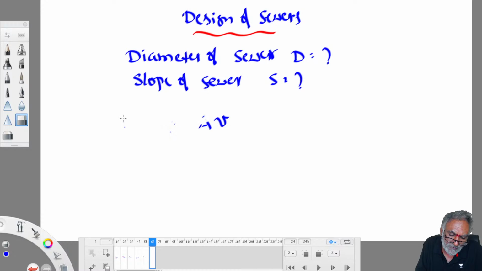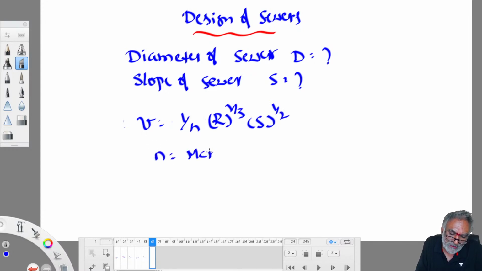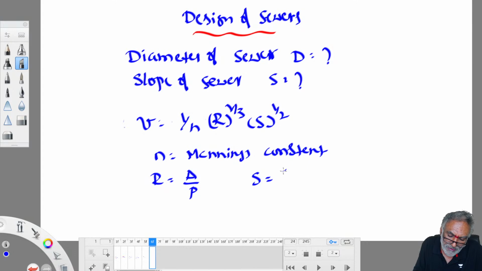First we work out velocity of flow by using Manning's formula: V is equal to 1 by N R power 2 by 3 into S power half. In this equation, N is known as Manning's rugosity constant. R is hydraulic mean radius, wetted area by wetted perimeter. S is slope of hydraulic gradient line, nothing but bed slope of sewer.